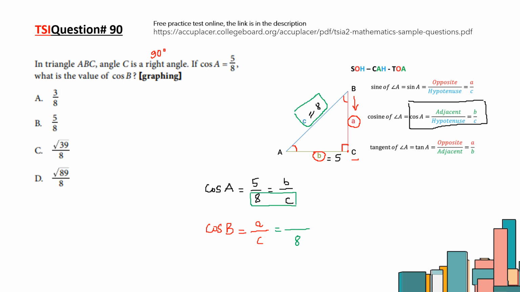How do we find a? We need the Pythagorean theorem. So what does it say? In this case, C squared equals A squared plus B squared.